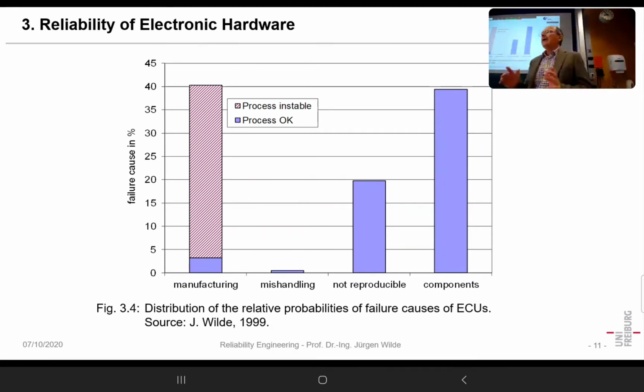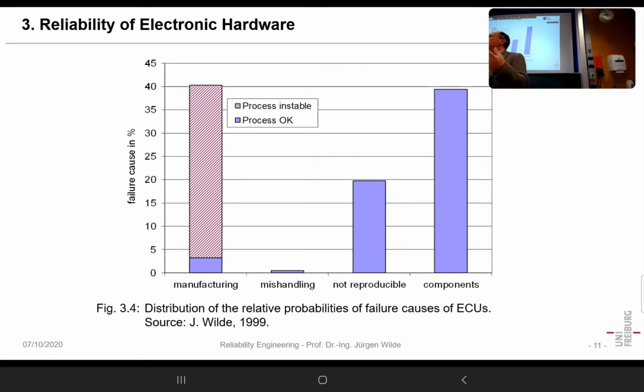And now, when you have a problem, you can say, suddenly the portion of all failures is as high as the components you purchase. On the other hand, you could also argue that it's probably the same for the suppliers of the components. If they have their production under control, the reliability and quality will be high, and if they don't have it under control, which can happen, reliability will be low.